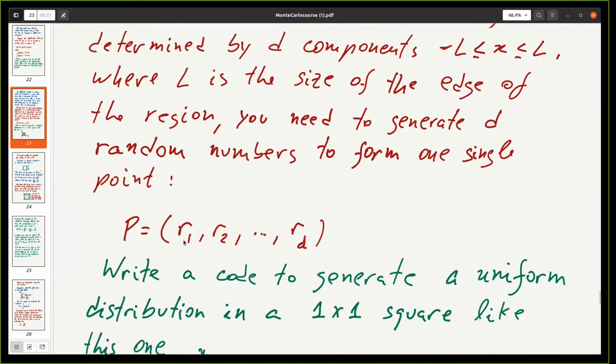So this is another challenge for the random number generators.